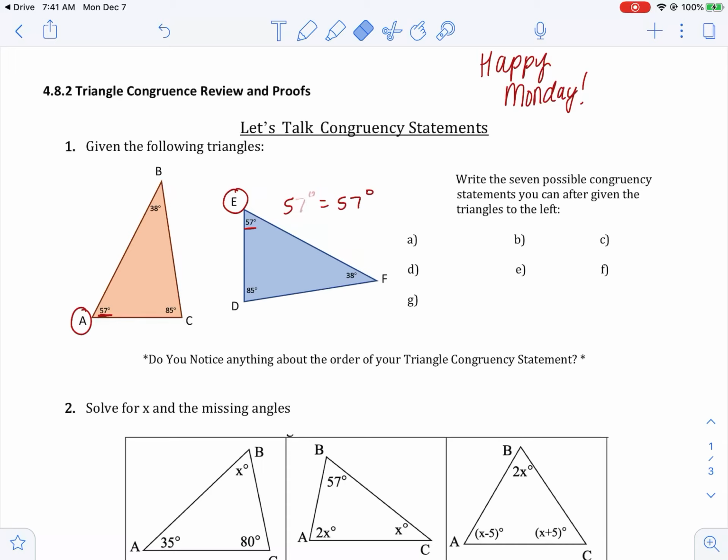When the measurements of a figure are equal, then I name those figures and say they are congruent. Going back to the definition of congruency that we use a lot in our proofs, we're saying, okay, these degrees are equal, so I know the angles are congruent. And I'm going to do that with all of my angles that I know to be congruent.